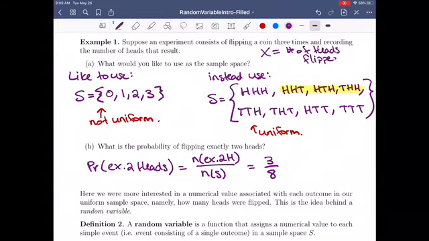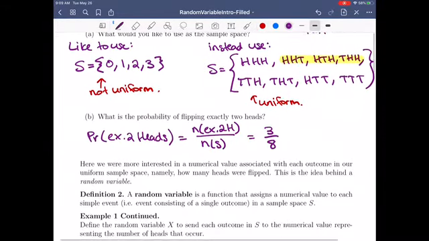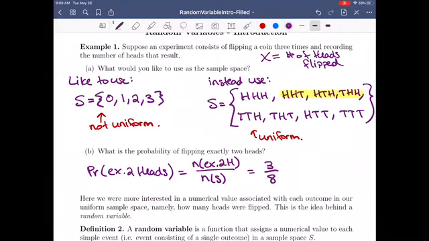What you think of is tagging each outcome. This outcome of all heads would be tagged with the number 3. All of these ones in yellow would be tagged with the number 2. Down here, I have 3 number 1s. And then one outcome that will get tagged with a 0. That's the idea behind a random variable.